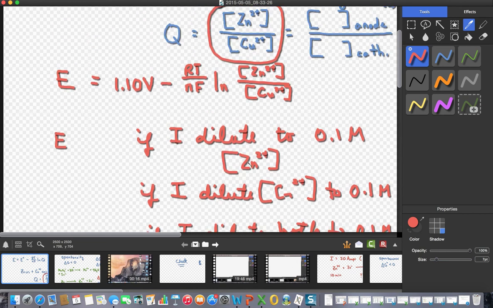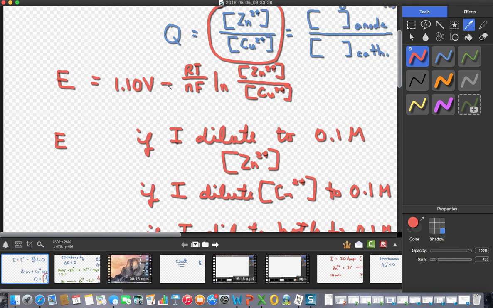If we dilute zinc 2+ to 0.1, this fraction is going to decrease. Okay? In fact, I will be taking the natural log of a number that's less than 1. By the way, what that means is if I take the natural log of a number that's less than 1, it will be negative.